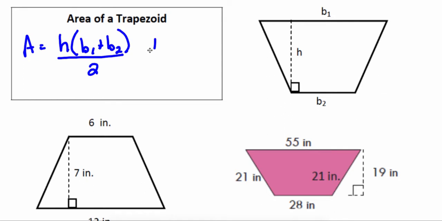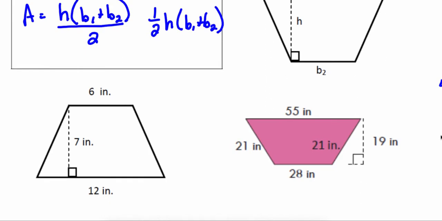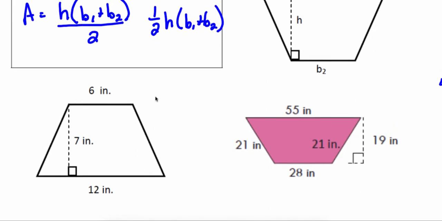Or sometimes you might see it written as 1/2 times the height, and then base 1 plus base 2, because multiplying times a half is the same thing as dividing by 2. We really have to watch adding those together first, or hitting equals on our calculator before multiplying by the height, or your order of operations on the calculator will be wrong.